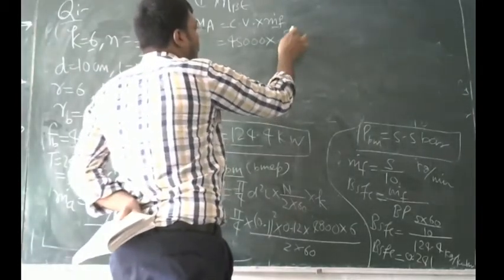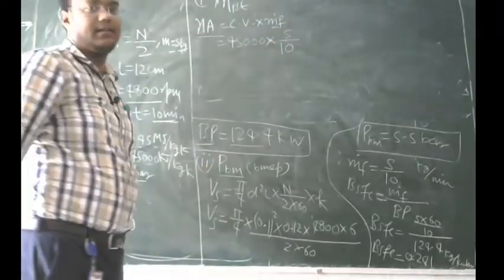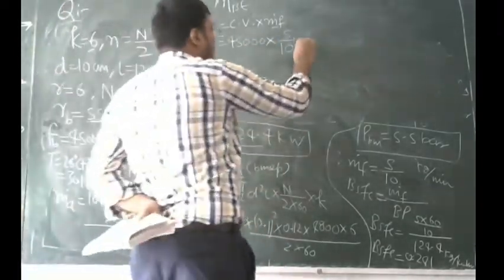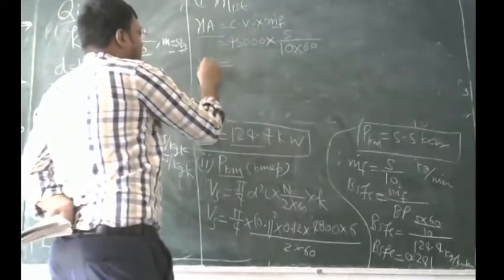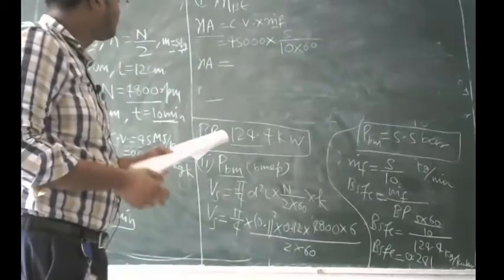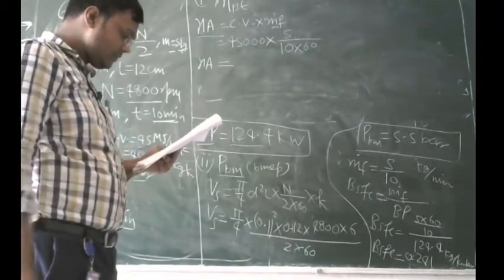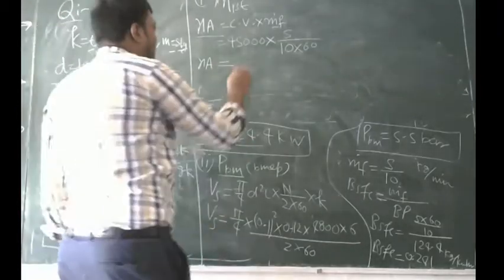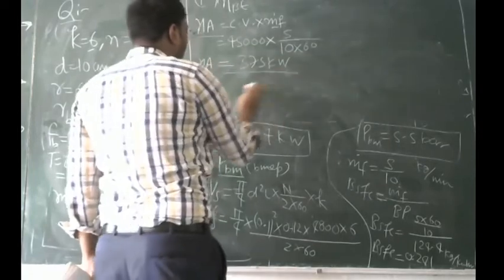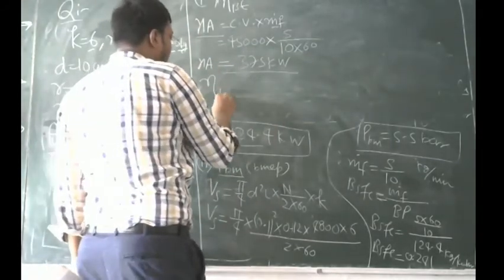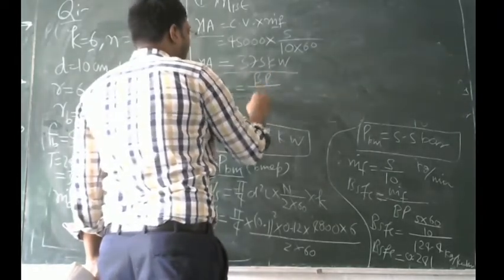But that is in kilogram per minute. For heat addition we have to use kilogram per second, so we divide by 60: 5 by 10 into 60. So the heat addition in kilojoule per second comes out equal to 375 kilowatt. Now brake thermal efficiency is equal to brake power divided by heat addition.